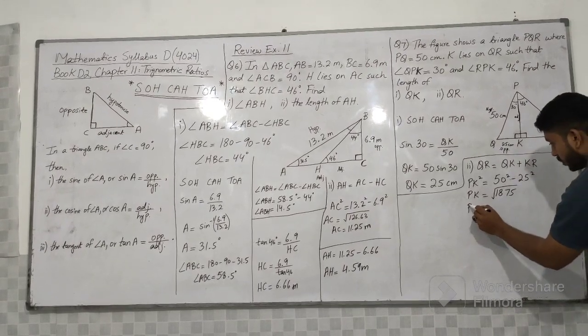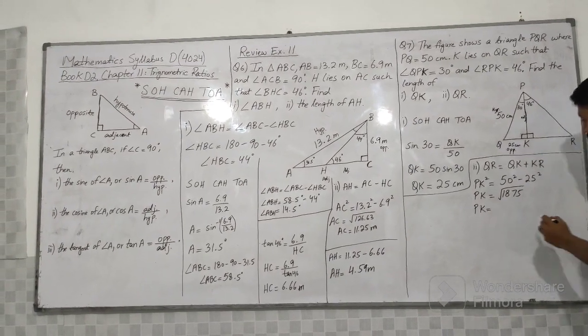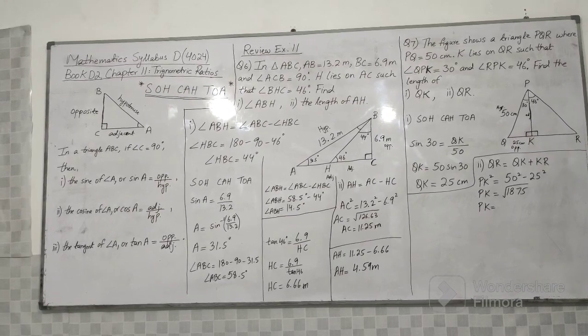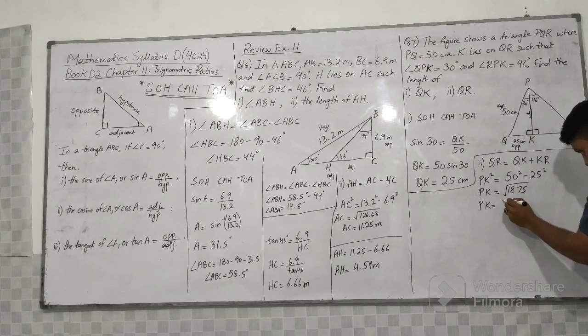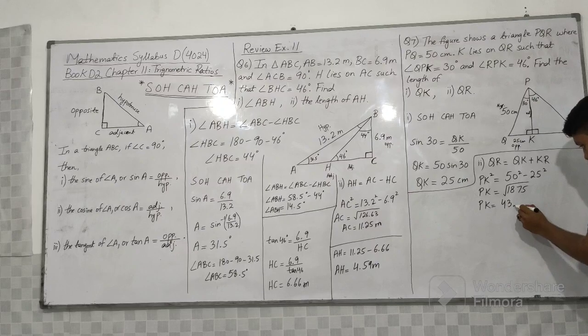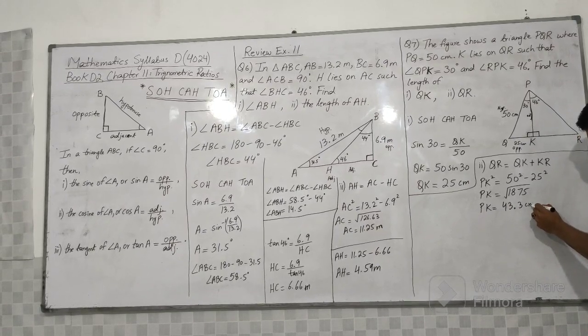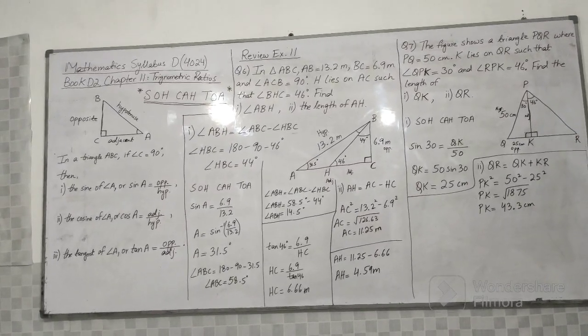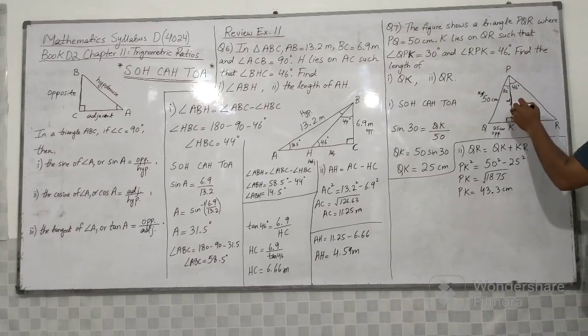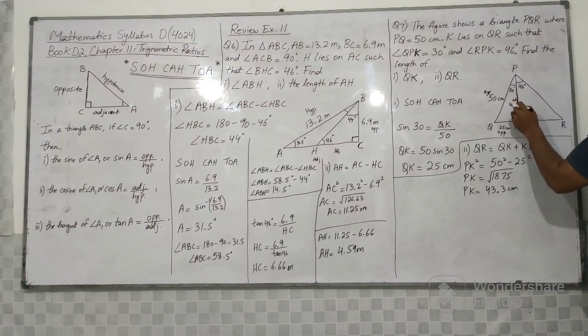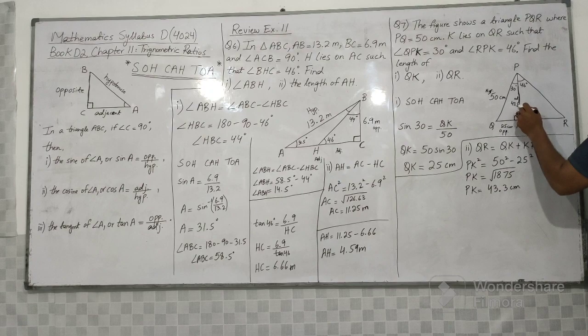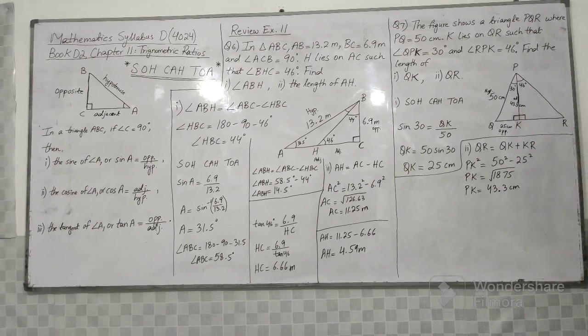So your answer, the length of PK will be 43.3 centimeter.